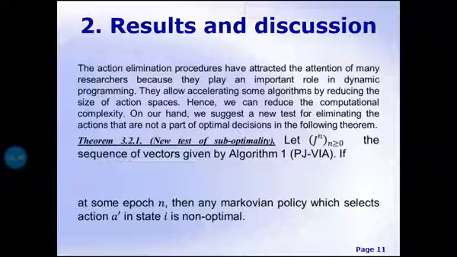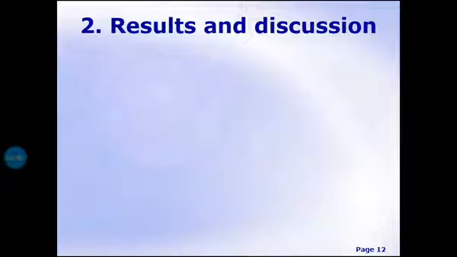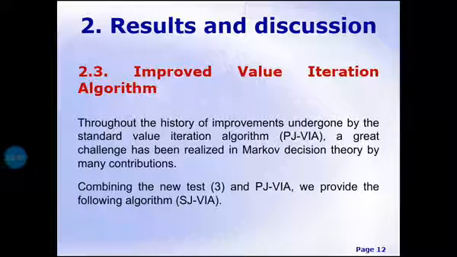Several results are given in the literature of action elimination procedures for improving the classic algorithm. Combining the proposed test and the standard value iteration provides an iterative algorithm as follows.